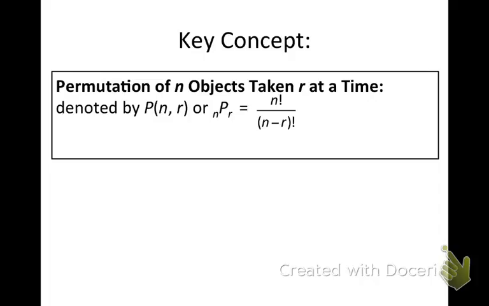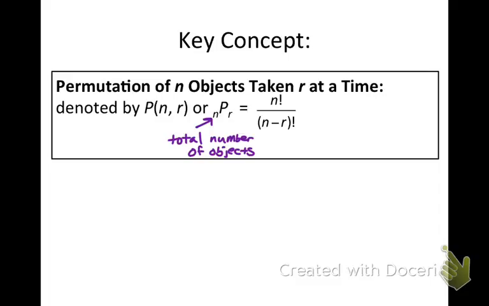So if we're looking for a specific number out of the total objects, we need to use the permutation formula. You're going to see this notation a lot with the subscripts of n and r. N is going to represent your total number of objects. We use n factorial when we're using all of the objects in that given thing.